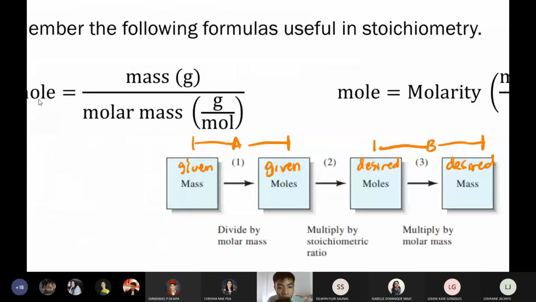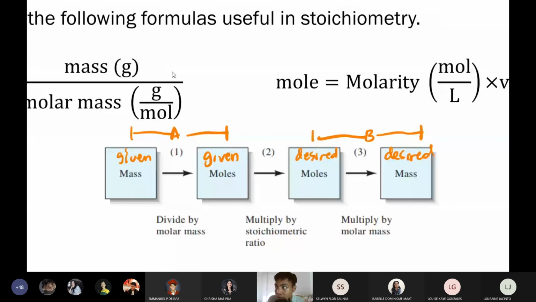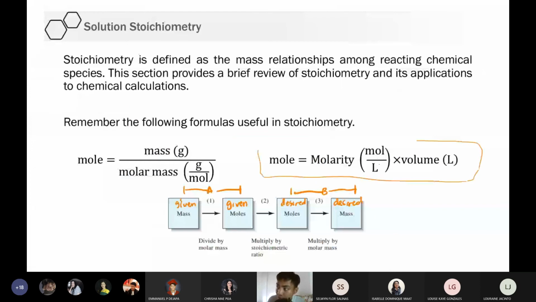So, any of the two, pwede mo gamitin to solve for the mass-mole relationship, o kaya molarity-mole relationship. So, ano lang yung nadagdag sa atin dito compared to your stoic last sem? Ito lang yung nadagdag, yung additional equation for mole. Okay? So, the rest are the same pa rin.